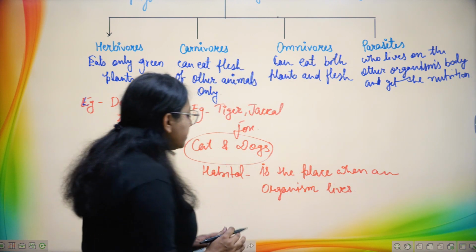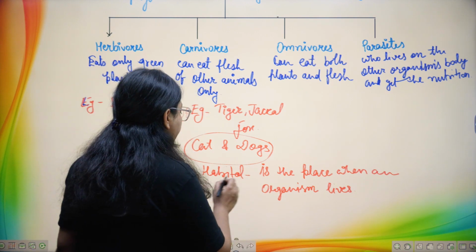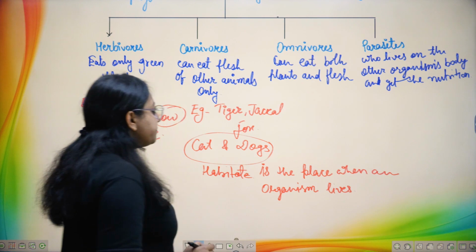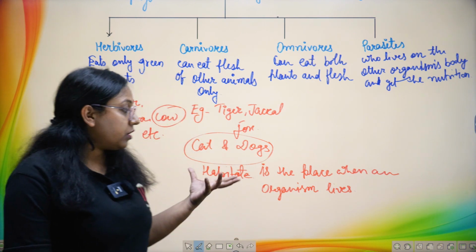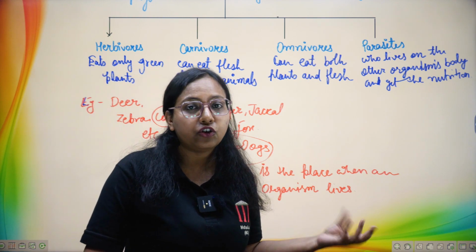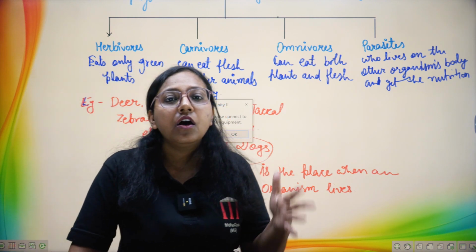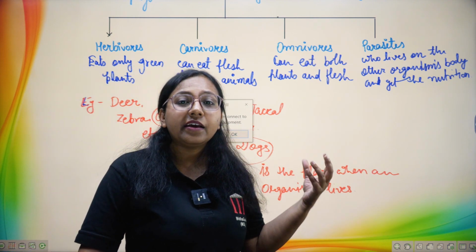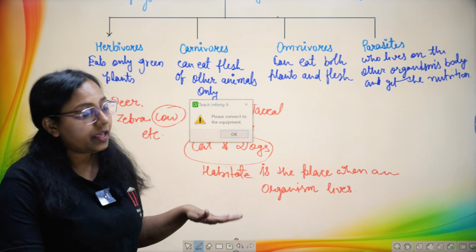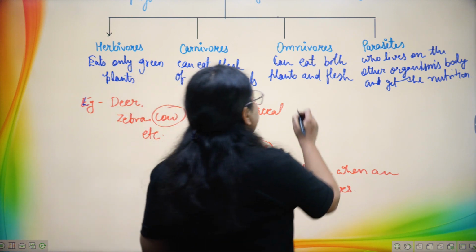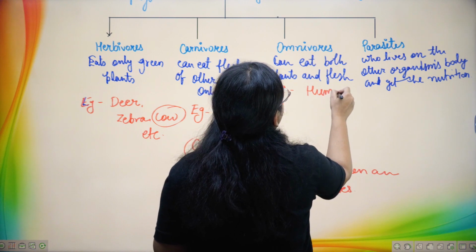Wherever an animal or organism lives, that is called its habitat. Dogs and cats naturally eat the flesh of other animals, which is the best food for them, but nowadays we keep them with us and provide them milk and chapatis, which are not the ideal food for them, so they are carnivores.